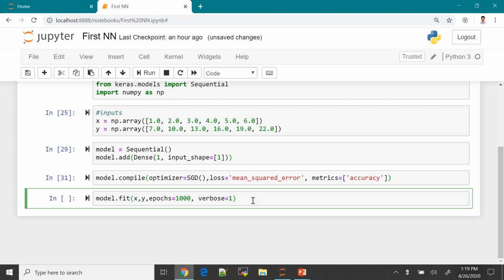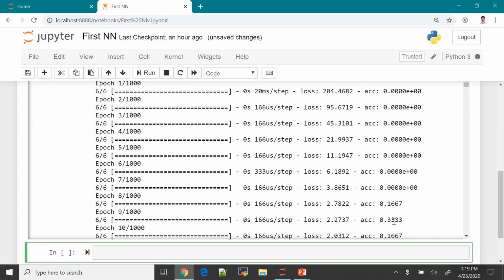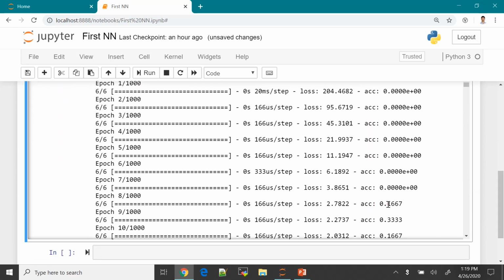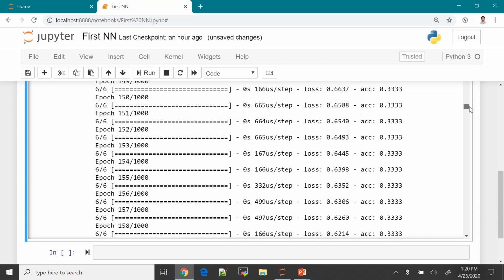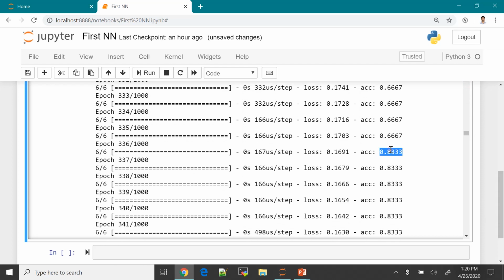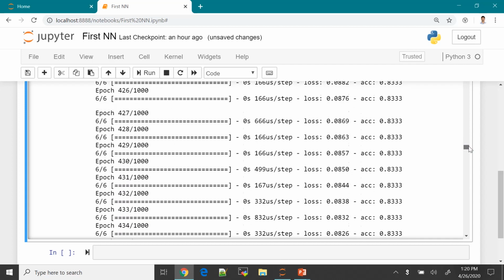Now we're going to run this training. It started training. You see the accuracy here is like 16 percent, it becomes 33, it's going here and there. I see 33 percent and 83 and so on across epochs. So the neural network is actually figuring out the relationship.